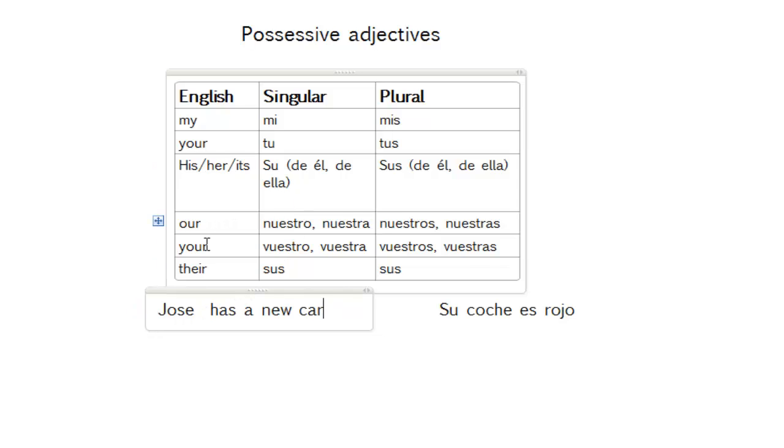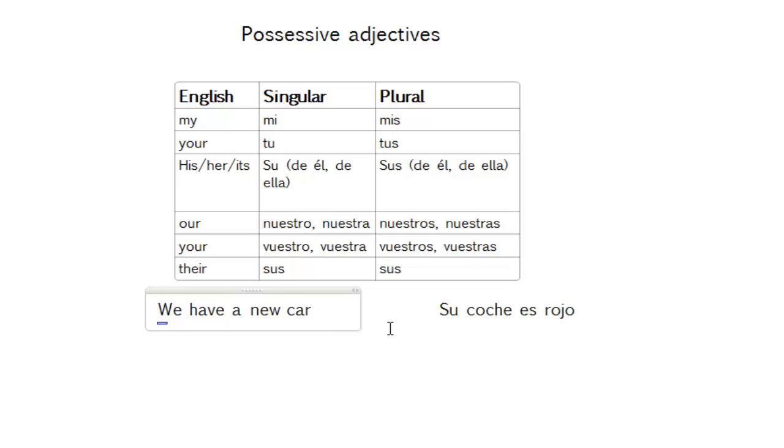Now, for example, if we say we have a new car, try to practice it. Think of tener, and the first person plural is tenemos, we have.